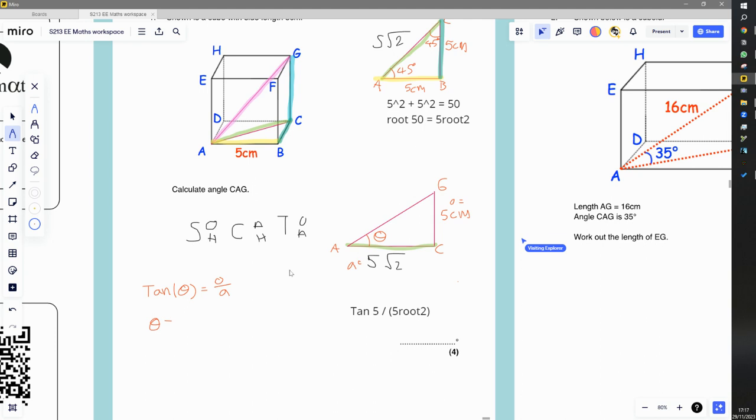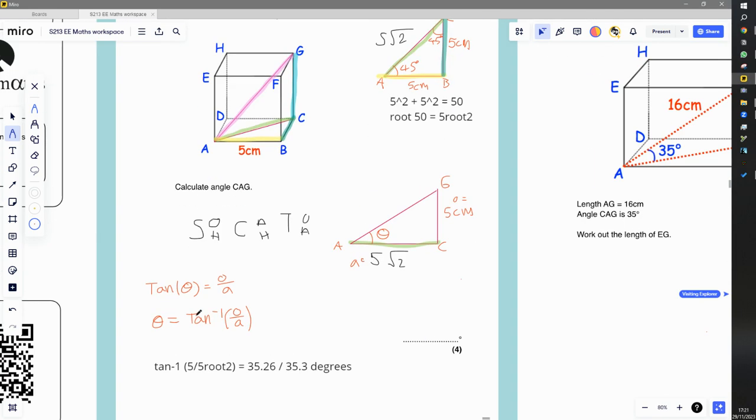So theta is going to be inverse tan. This is not tan to the power of -1. It is inverse tan. It's like tan is a machine and we're running it backwards. So we get that. Okay, so I'll pause the video again and see if you can finish solving it.